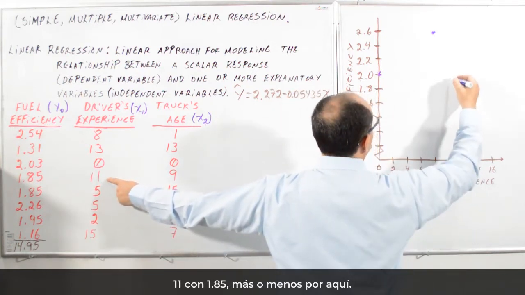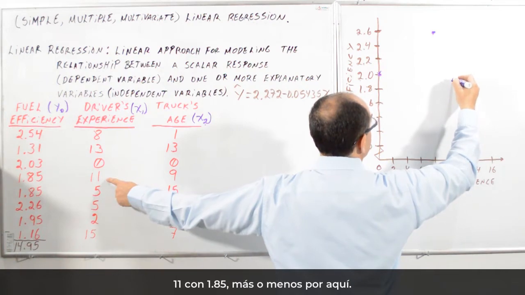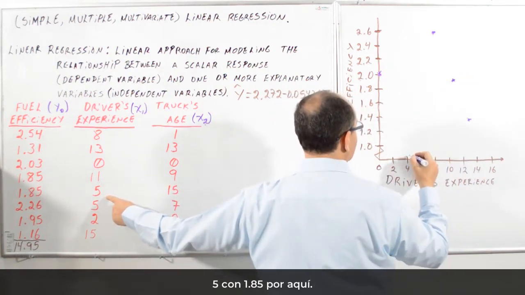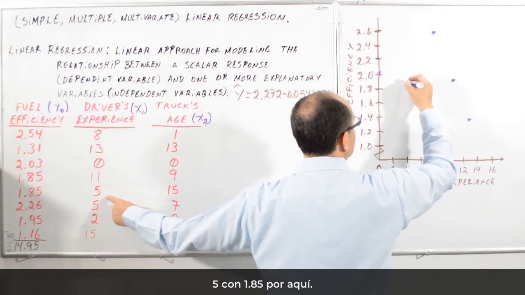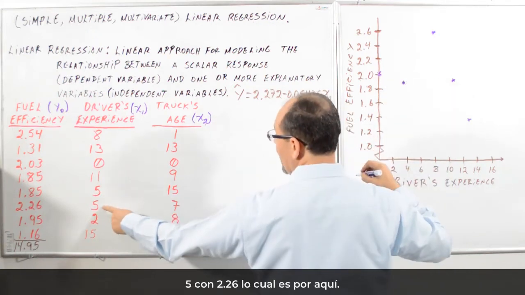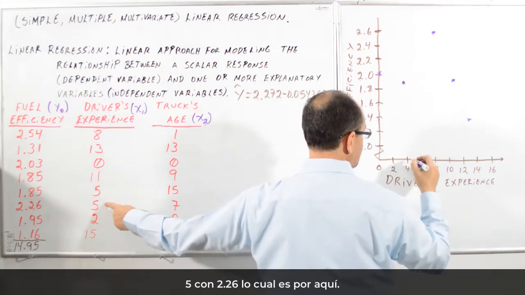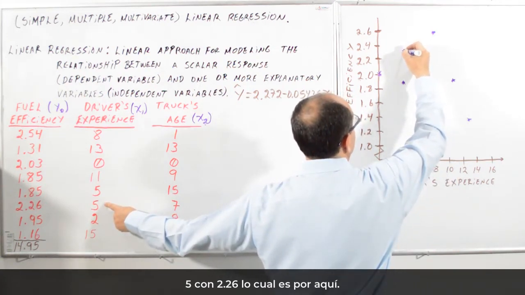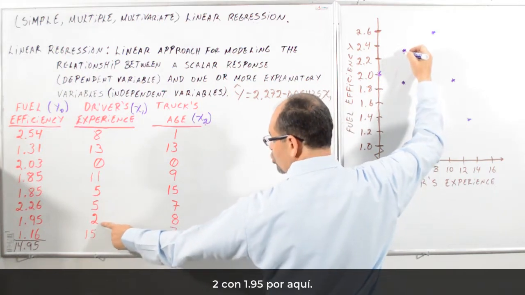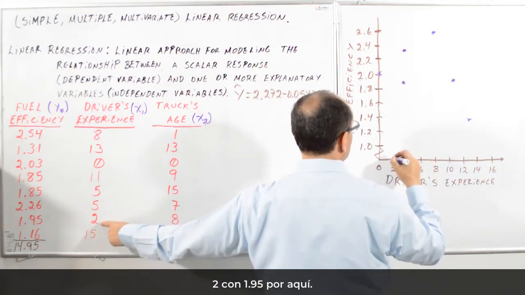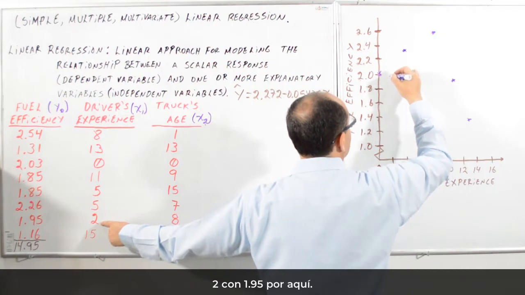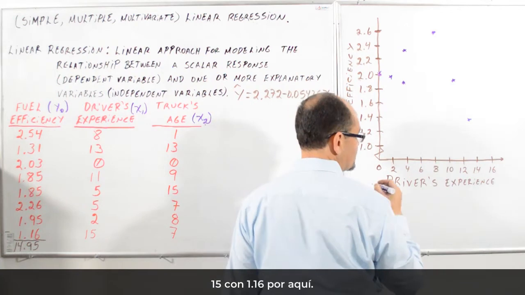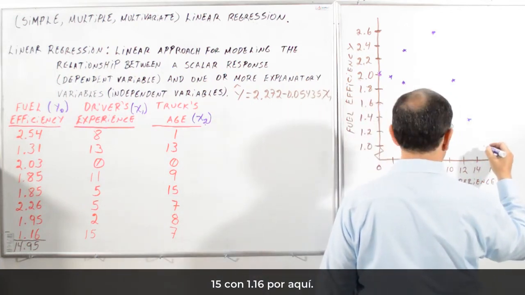Maybe something like this one. 5, 185. Maybe something like this one. 5 again, 226, which is something like here. 2, 195. It's something like this one. And 15, 116.